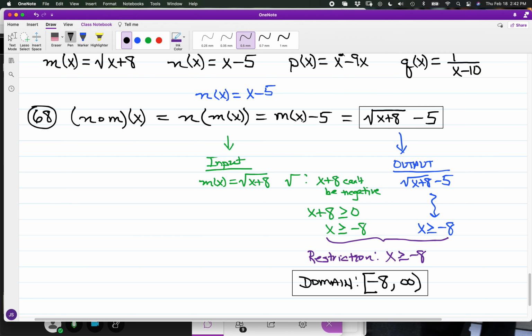So m of x is its own term, and minus 5 is detached. So you're going to keep those terms apart. You keep the square root of x plus 8 as the square root of x plus 8, and the minus 5 is going to be minus 5, and you cannot combine these terms together.